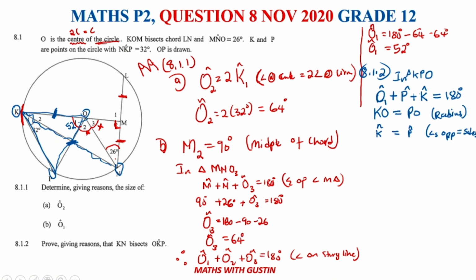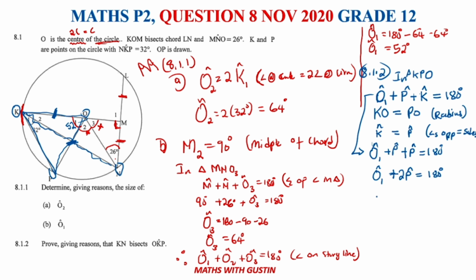Makes sense? From our equation, we can now say O1 plus K plus P equals 180. Because K and P are the same, we substitute K by P, so O1 plus P plus P equals 180, which gives O1 plus 2P equals 180.